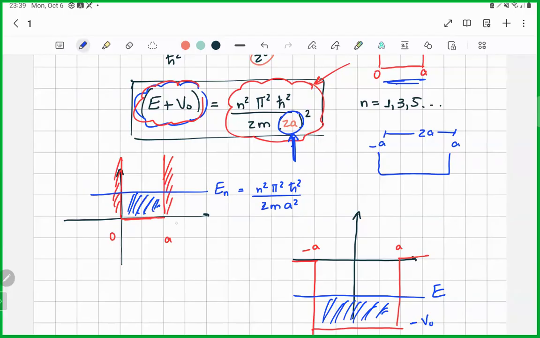But the minimum of the well here was 0, while here it is minus V naught. So that's why our solution is E plus V naught.